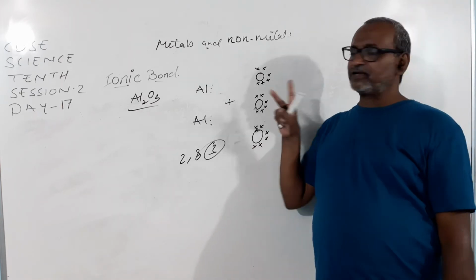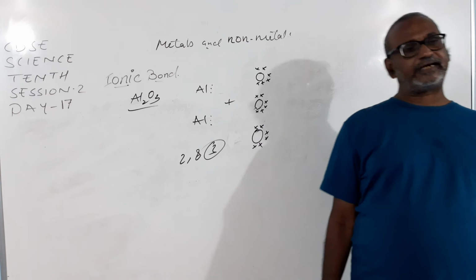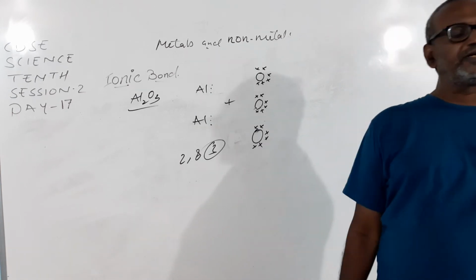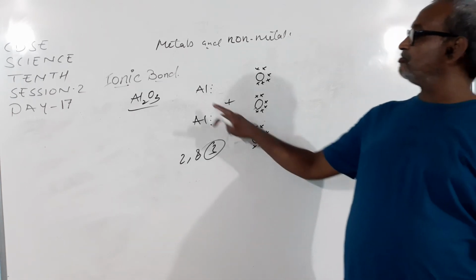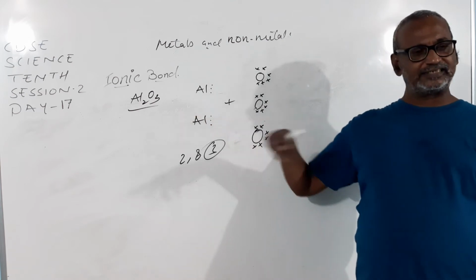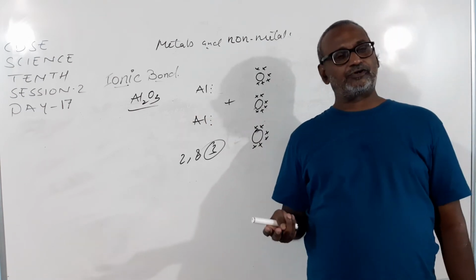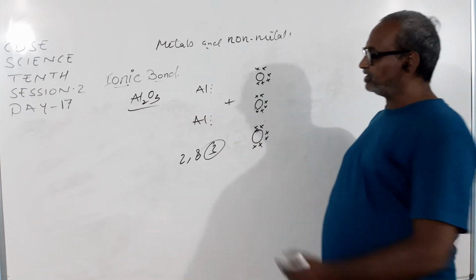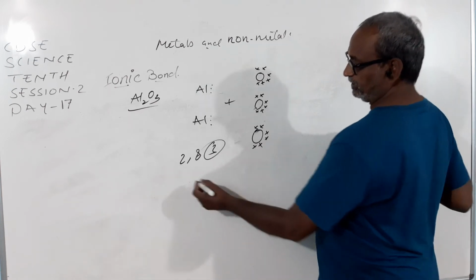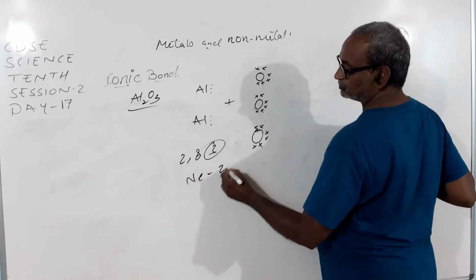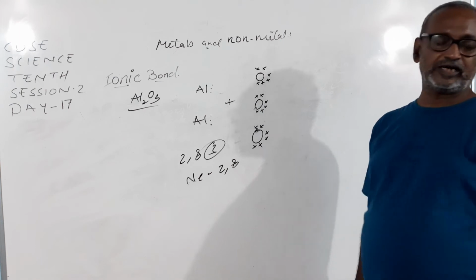Oxygen atom requires 2 electrons to complete its octet and acquire the stable configuration of neon. Aluminium atom has a tendency to lose 3 electrons and acquire the stable configuration of neon, 2,8. Right.